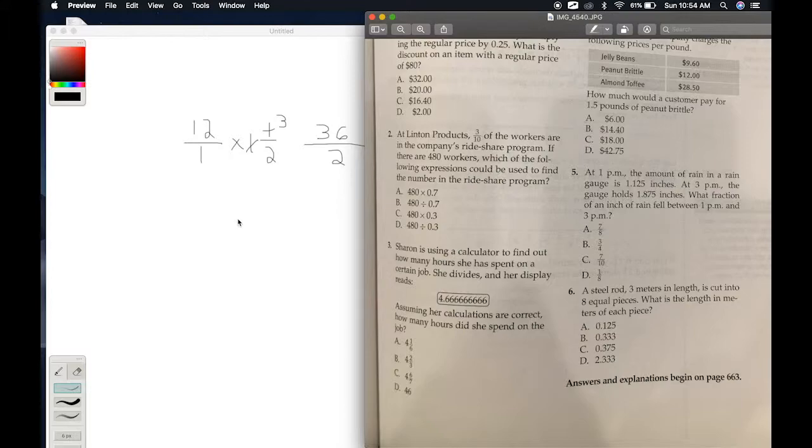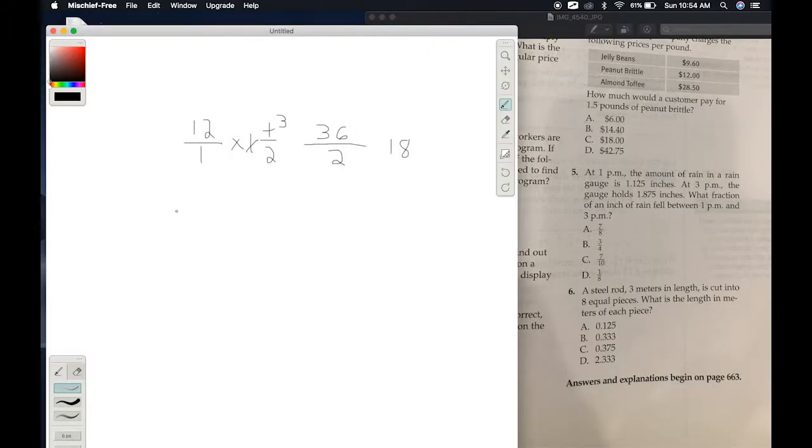Okay, so let's set up the problem here. So we have 1.875 minus 1.125. You subtract the smaller number from the bigger number, like so.